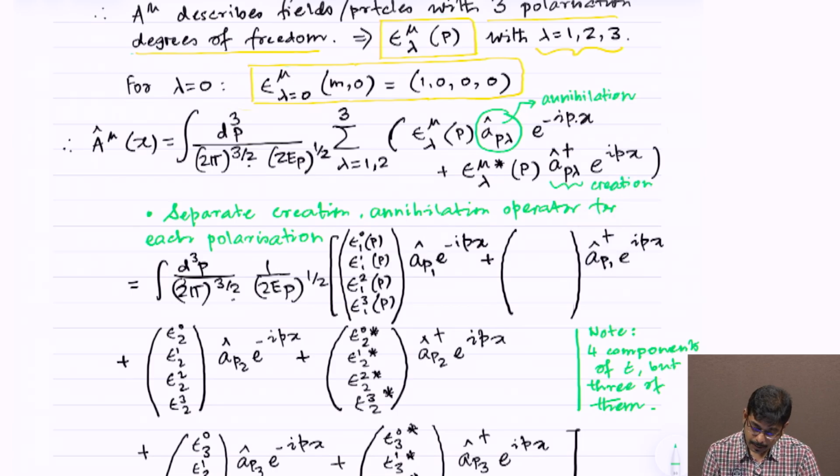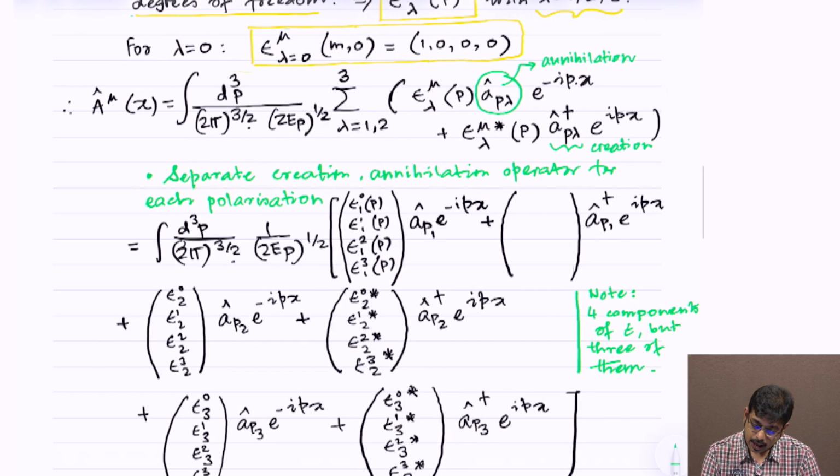So, if you have to expand it, suppose you choose lambda equal to 1. You have to explicitly sum over lambda equal to 1, 2 and 3.